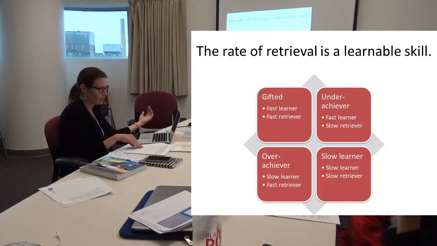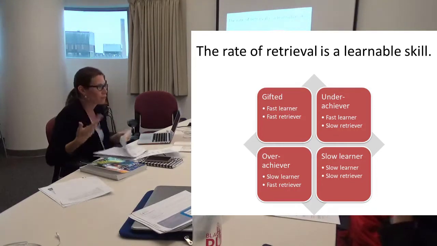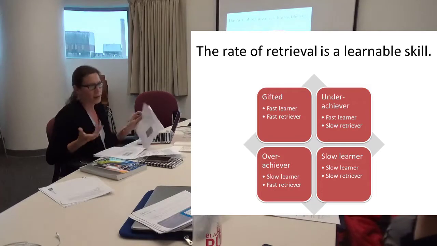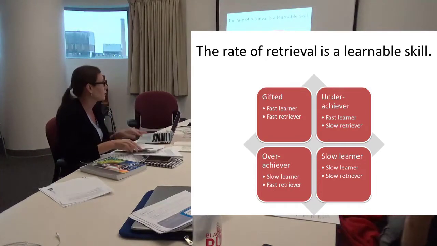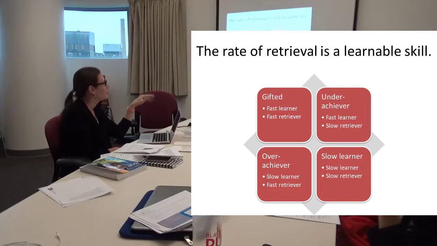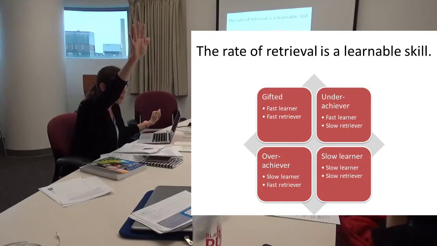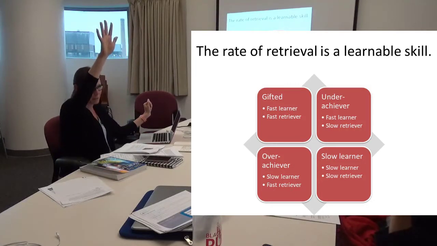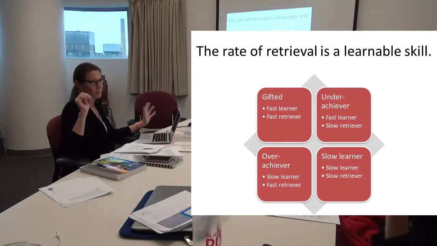And so that's the teacher who feels a little irritated. Like, why can't you answer this question? Clearly you know this. Your assignments are all so brilliant. And so there's this assumption that they're just not trying hard enough. The overachiever is the slow learner but fast retriever. So hand is in the air, they're going to blurt out an answer, but it might be wrong. And so it seems like they're trying to stretch or reach too much.